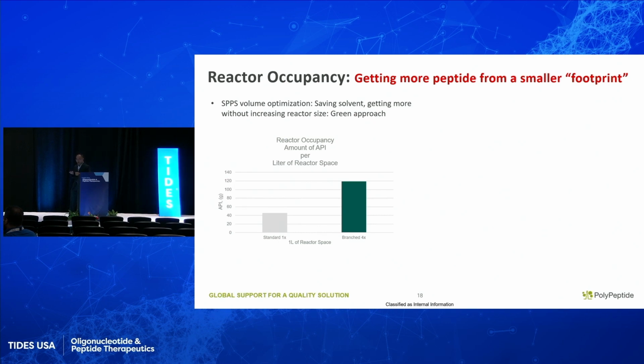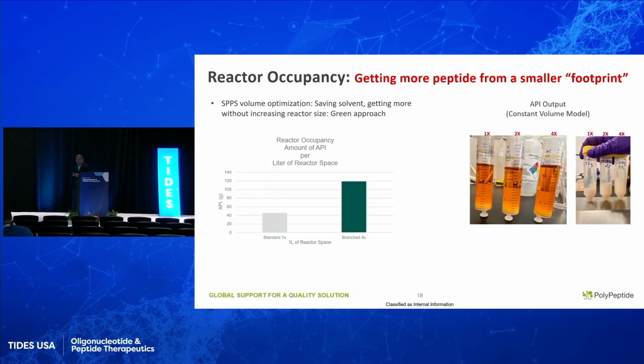On your right-hand side in blue, the purified peptide coming from branch synthesis is significantly more. In several syntheses we have done, you could claim at least a 2-fold increase, considering the volumetric side of the reactor.